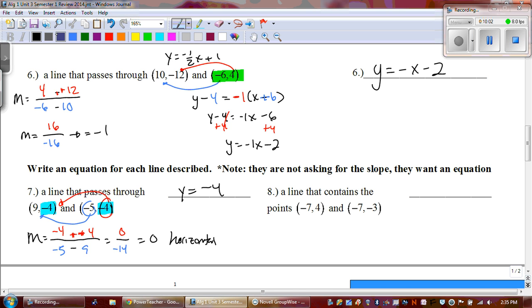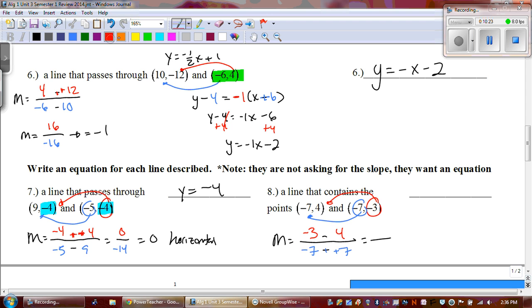Okay? Now, once again, let's figure out what our slope is. Got (-3, 4) and (-7, -7). Click on the bottom.